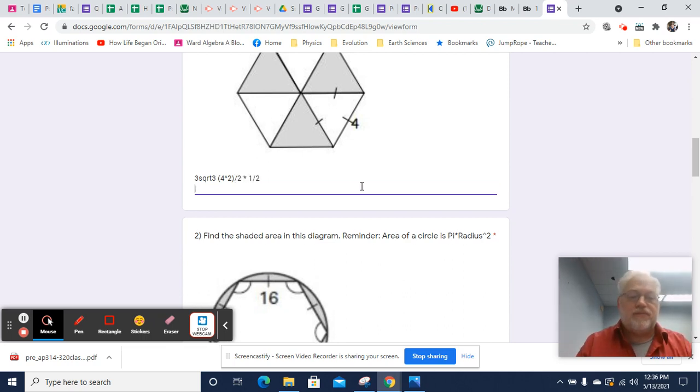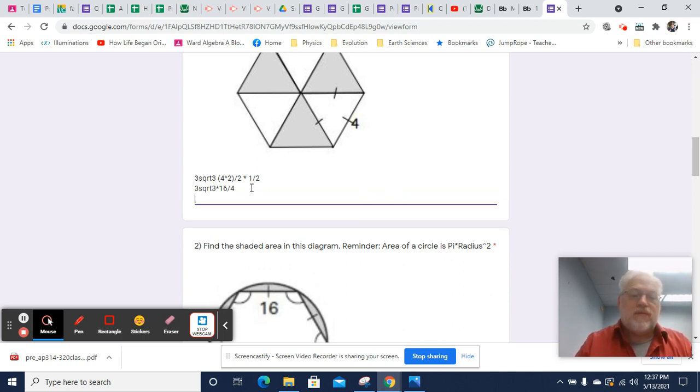So that'll simplify into 3 square root of 3 times 16 over 4, because times 1/2 will make that denominator 4. And then that'll simplify even further, 3 square root of 3 times 4.